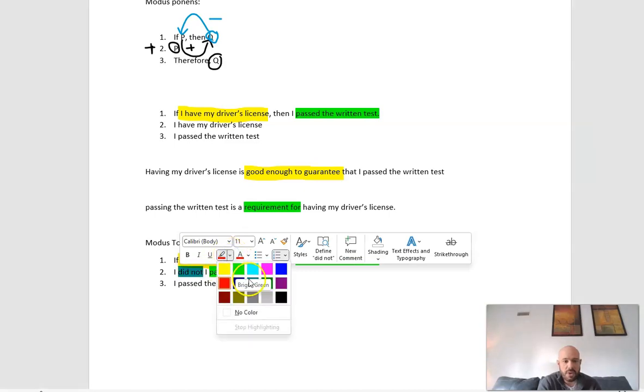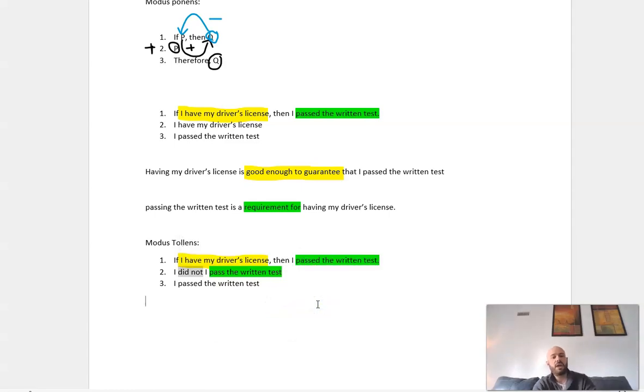Now, if I do not pass the written test, great. I did not pass the written test. What this is saying is that I did not meet the requirement for having my driver's license. If you don't meet a requirement for something, you can't have that thing, if that thing is a genuine requirement, right?